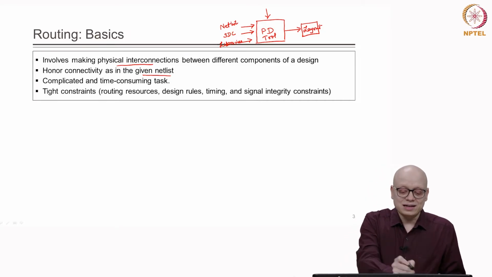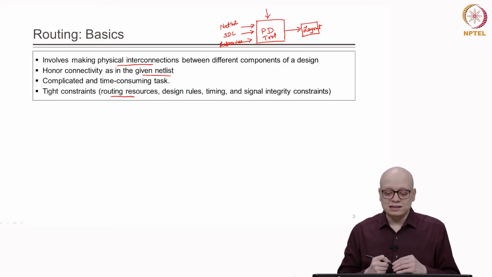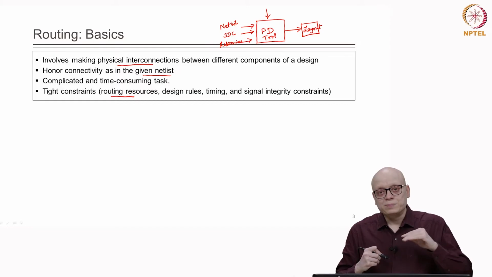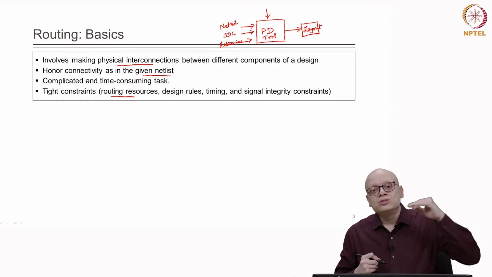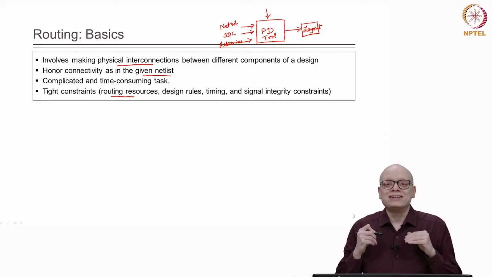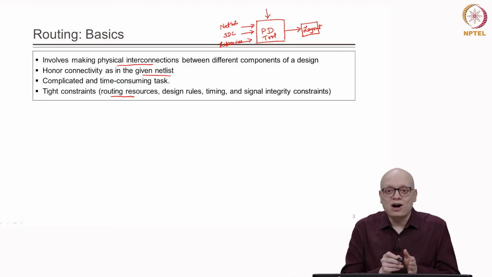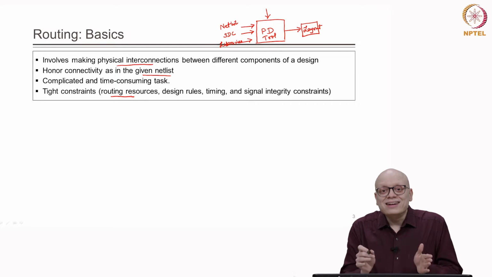These constraints are related to routing resources. We discussed that in a typical IC, there are say 10, 12, 15 layers of metals. But still the number of metal layers and the routing resources is fixed. It does not have infinite routing resource.